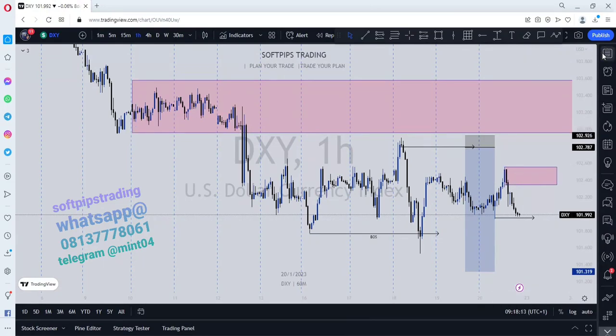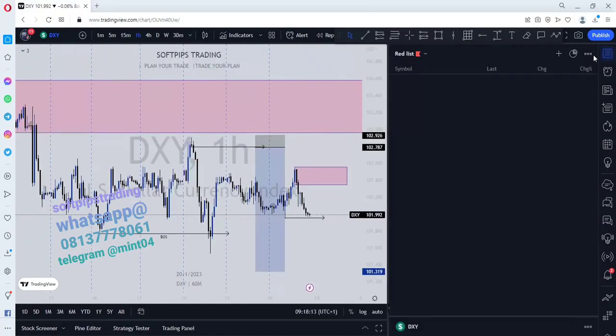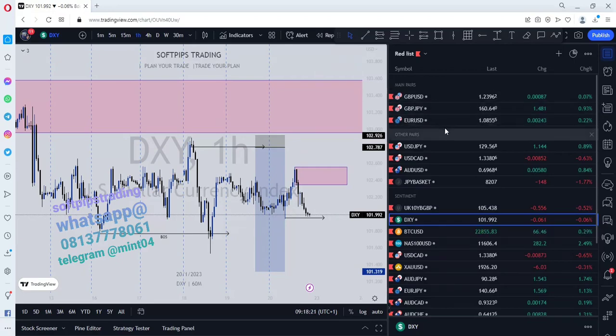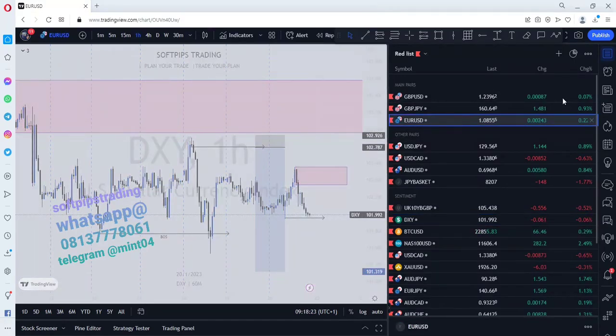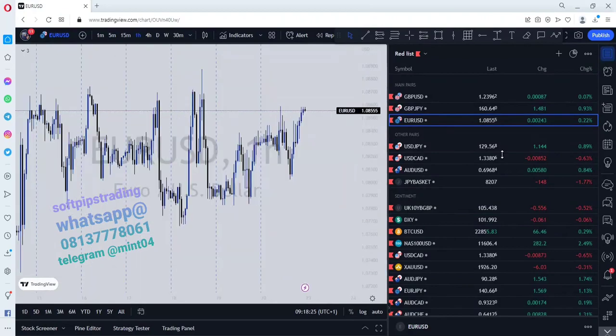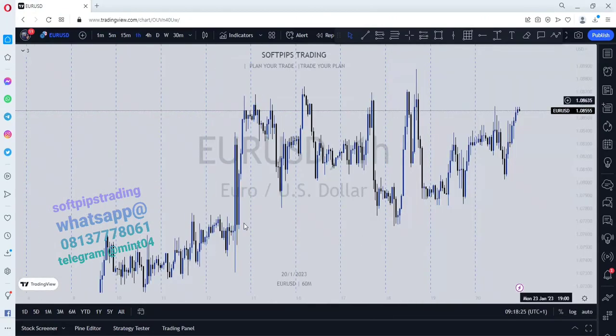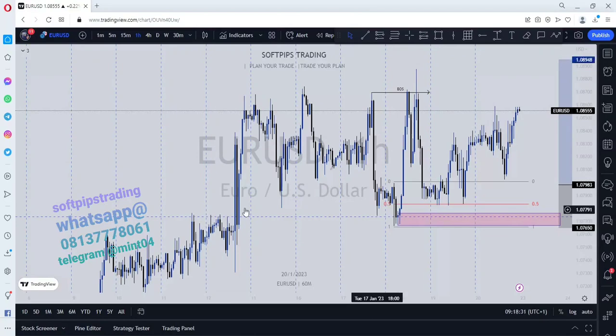So let's go to the next pair, Euro USD. Last week on Euro USD, we also took our trade from here, where the trade triggered, giving us a move to the upside, but it didn't really trend.